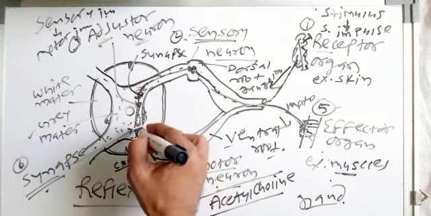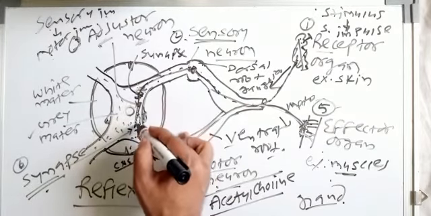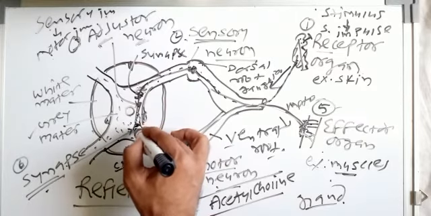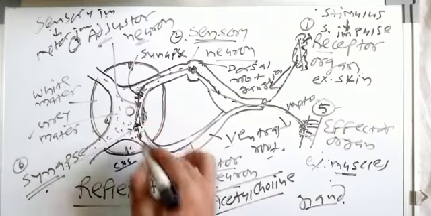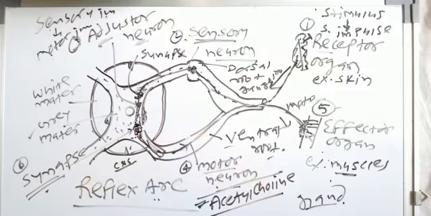The same thing happens at this second synapse. When the motor impulse comes at the end of the adjuster neuron, it again releases acetylcholine, the gap is filled and the impulse is passed to the motor neuron.